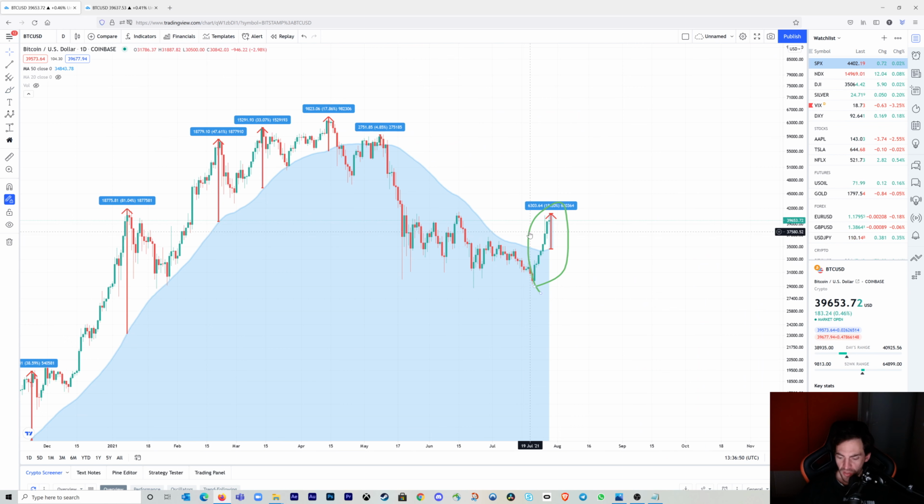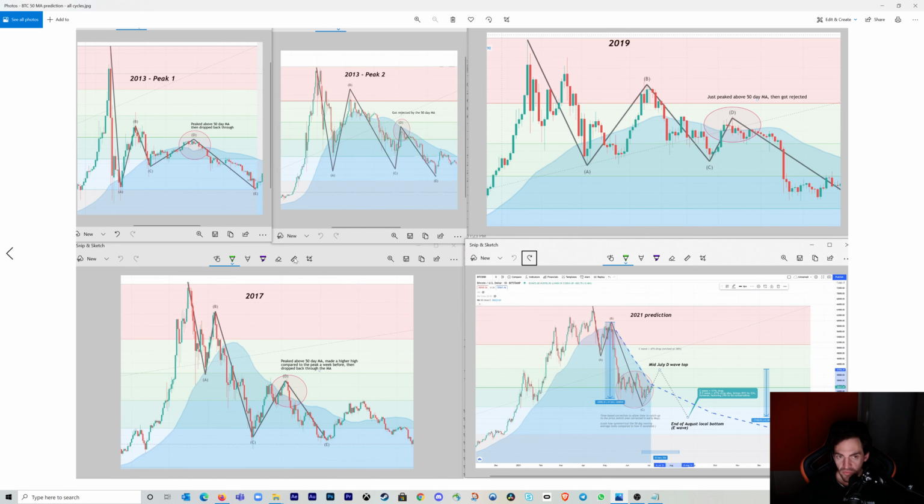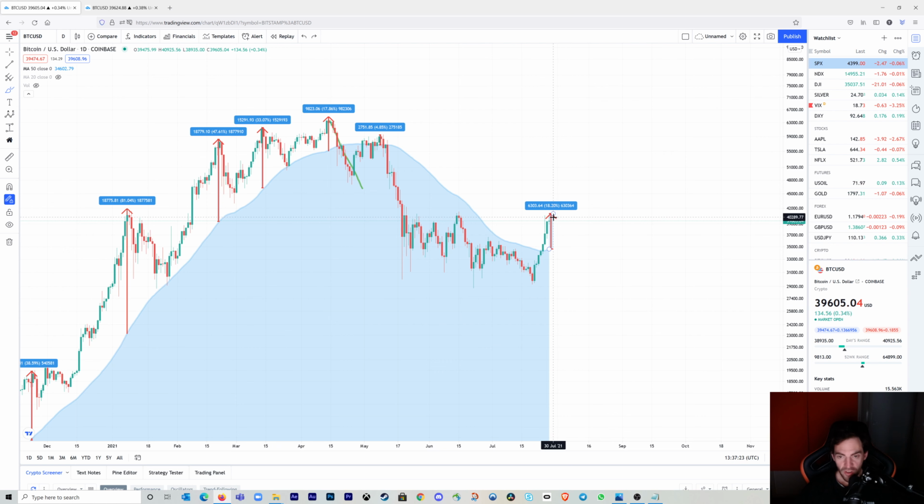But I will say also, just the other side of the coin, in every other bull run, whenever we have been at this point where we've crashed through the 50-day moving average like we have here, and then we poke above it, in every other bull run that Bitcoin has done, it's always gone back below it again on every single occasion. So very quickly, you can see it here every single time. There, and now we're halfway, or we're up, and we don't know what will happen next.